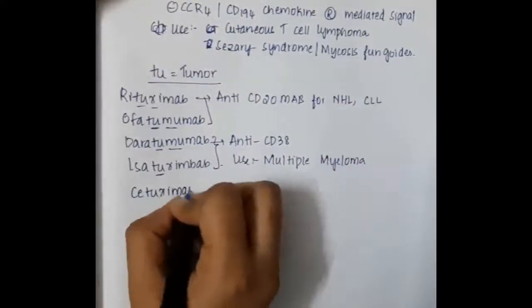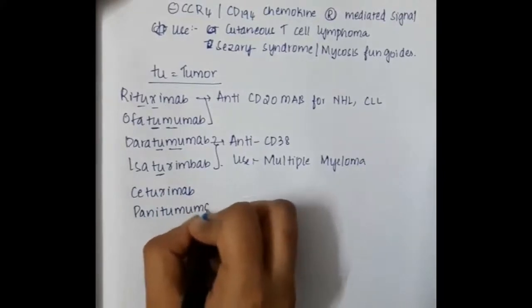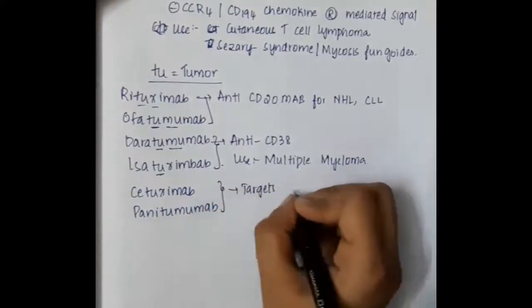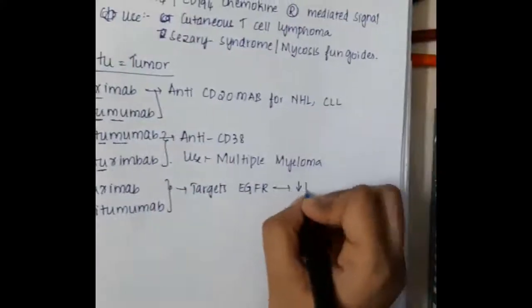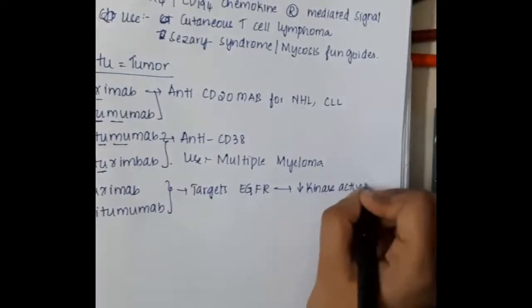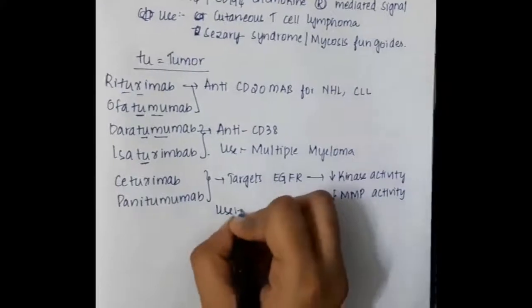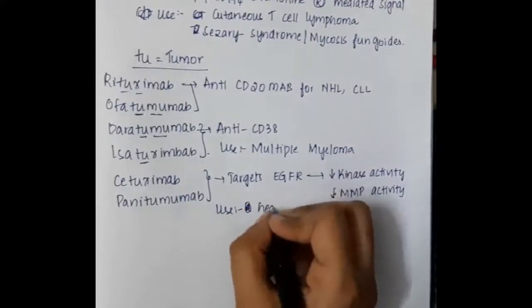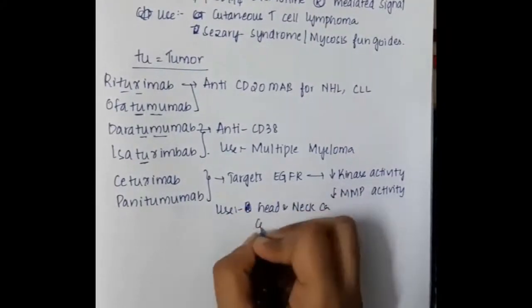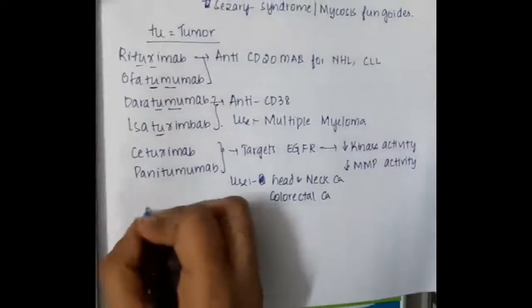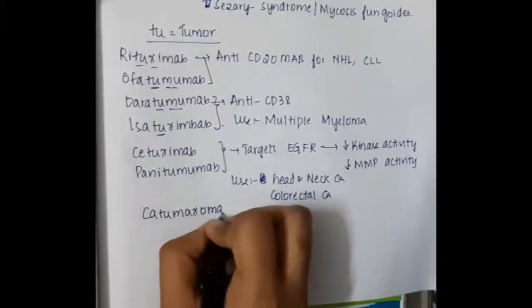Anti-CD38. Then we have cetuximab and panitumumab. Both these will target epidermal growth factor receptor and thus decrease the kinase activity and also decrease the matrix metalloproteinase activity. So these are used in head and neck carcinoma and colorectal carcinoma.